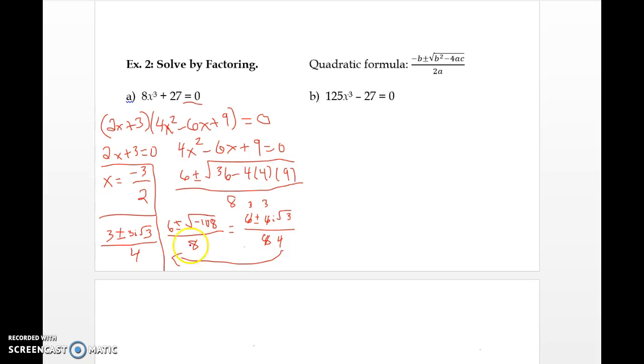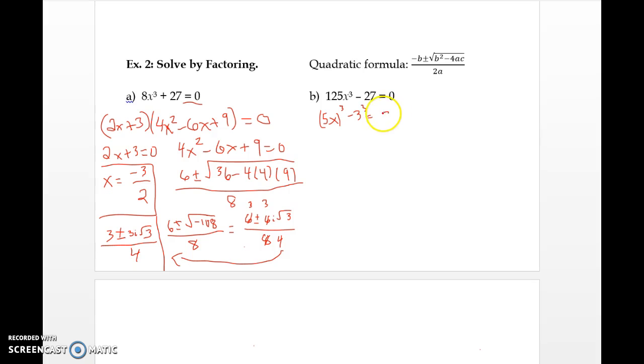If we look at b, 125x cubed minus 27 equals 0. We have to write it as a cubed plus b cubed, or a cubed minus b cubed, which would be 5x quantity cubed minus 3 cubed.